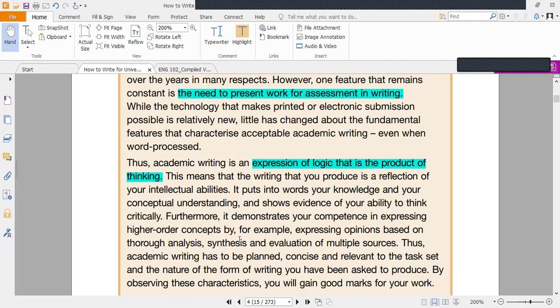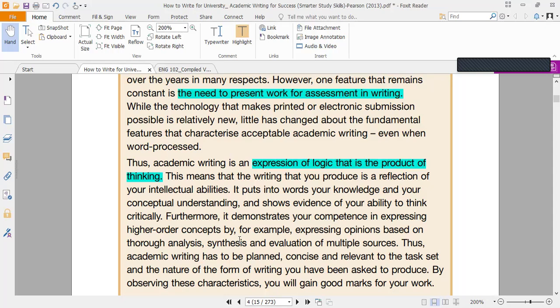There are two words here, logic and thinking. What is logic? Logic is reasoning. Logic is argumentation. For example, I will take an umbrella because it's going to rain. This is logical. If I say I won't take an umbrella because it is going to rain, it's not logical.